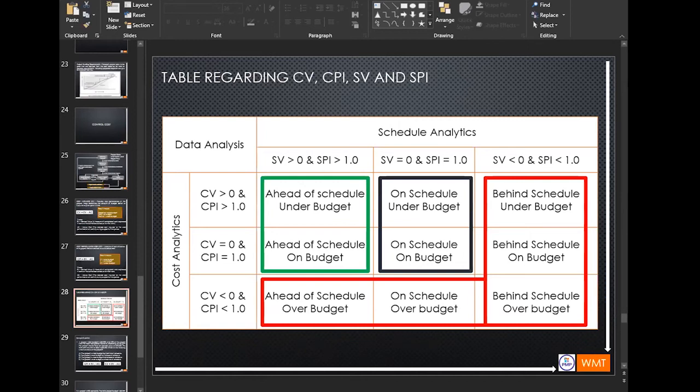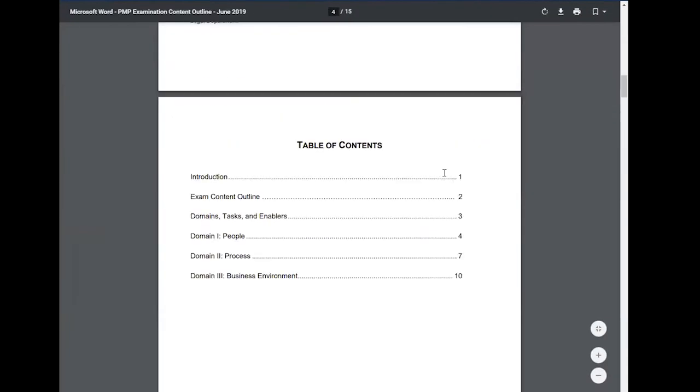Undecided pa sila. Dahil next year, iba na yung outline ng exam. 7th edition na. So, ipakita ko sa iyo ang outline. Next year, iniba na yung outline.